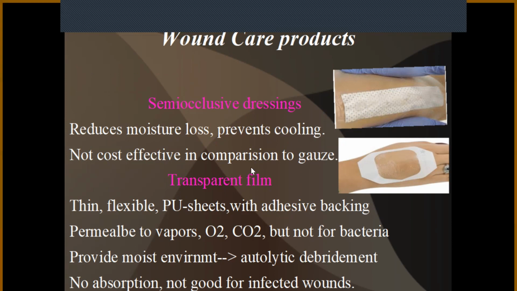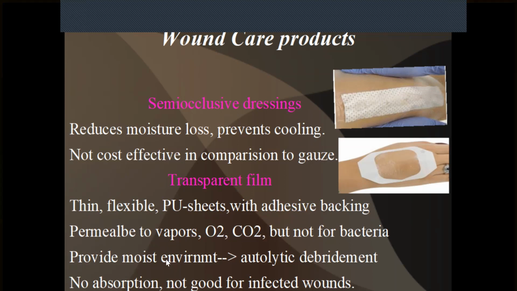Then coming to the transparent films, it is a thin flexible form of PU polyurethane sheet with one adhesive backing. So we have to peel off one surface and just stick it on the ulcer. It is permeable to vapors, oxygen, carbon dioxide, but not to the bacteria.